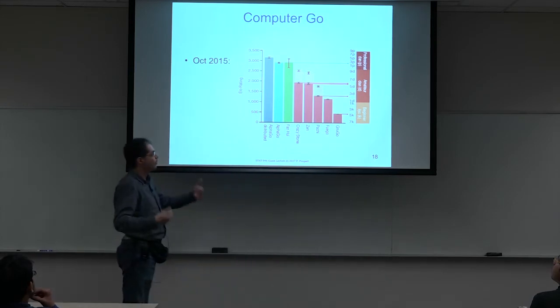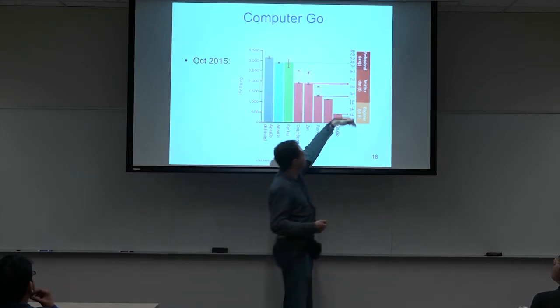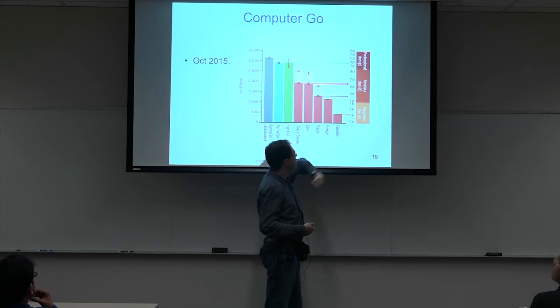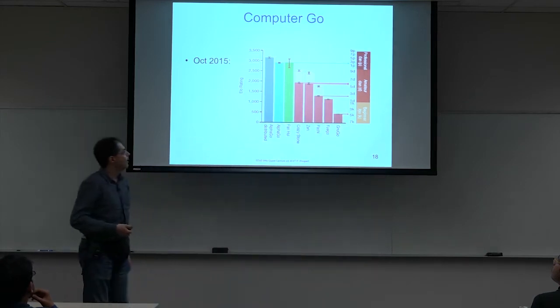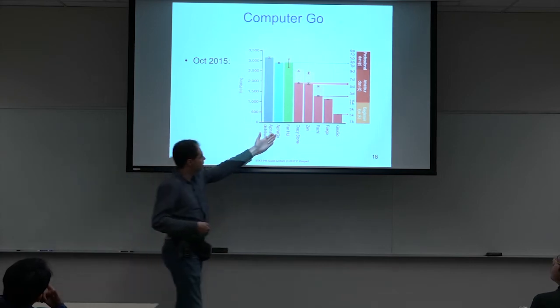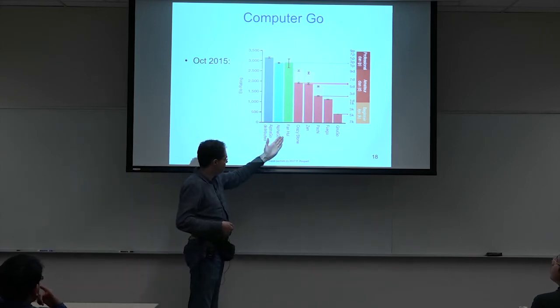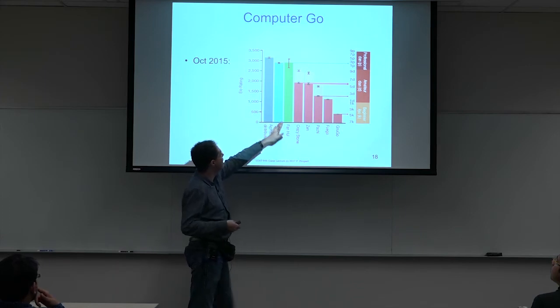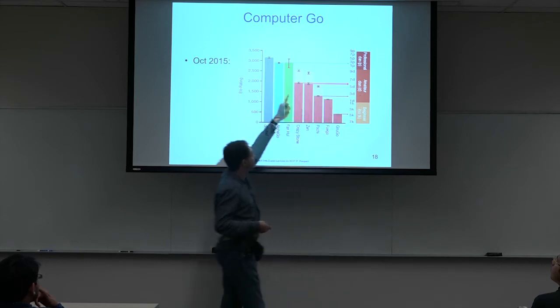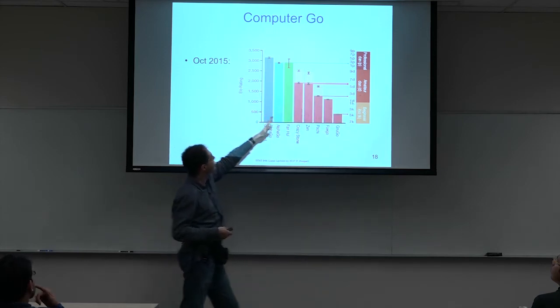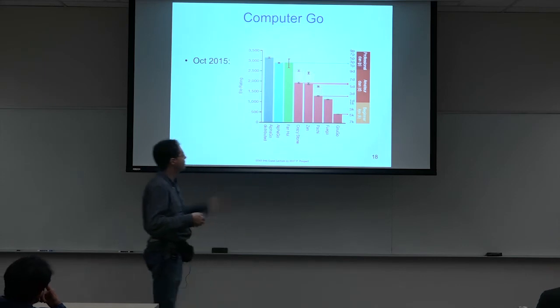Here this is a scale for ranking players, and higher is better. Then in Europe, there was an expert player, his name was Fan Hui. According to this scale, he was a professional player with 3 dan, roughly. That's the green column.